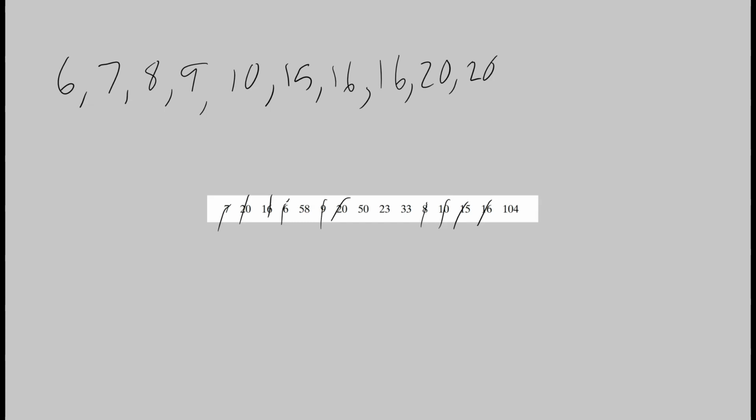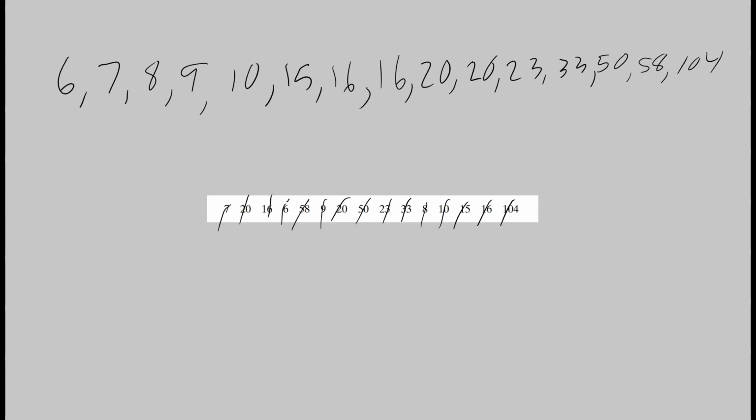Then 23, 33. Then 50, 58, 104. And that covers all of them. So that's all the data listed in order, least to greatest.